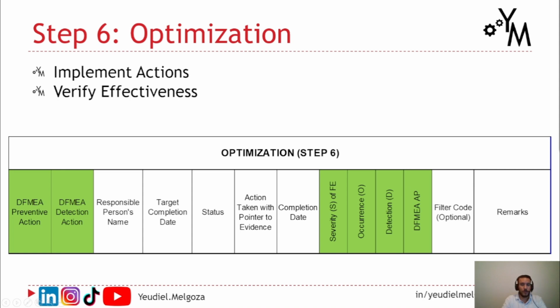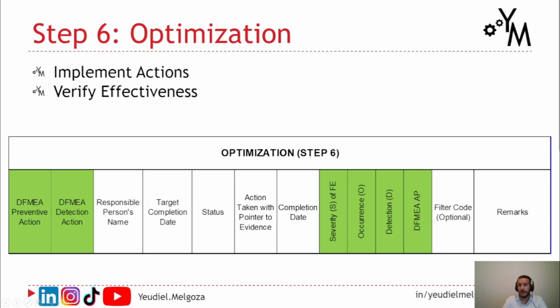Once we determine these actions, we are going to define the responsible person's name, that is the accountable person, for completing the assigned action. The target completion date, well, this is very easy, is when we expect the implementation of the action.